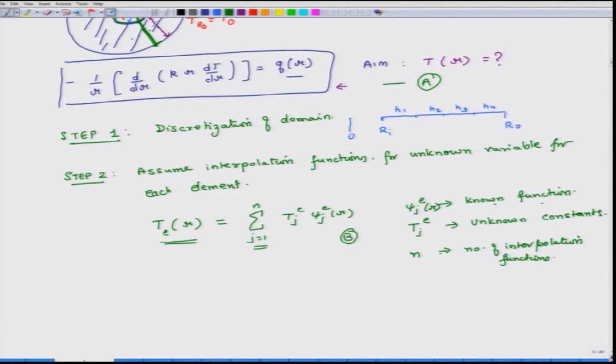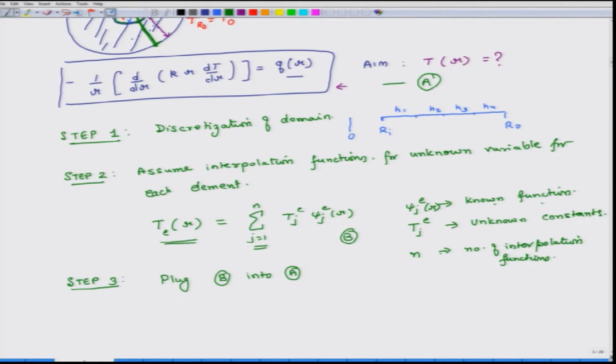The third step, step 3, is to plug B into A. Because this is an approximation, we will get an error.